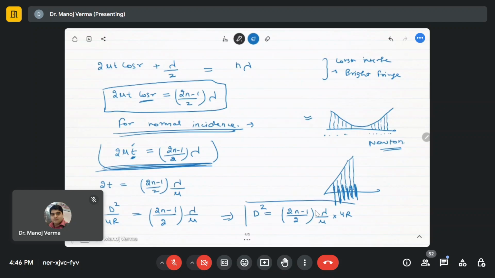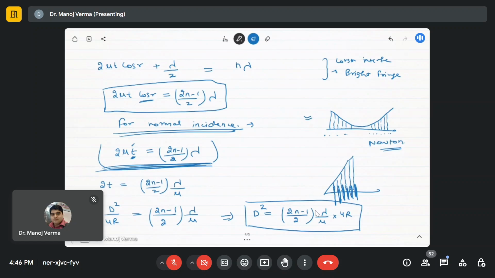This d is the diameter of the nth ring. This is the position. This d will give you the position of the nth bright fringe.